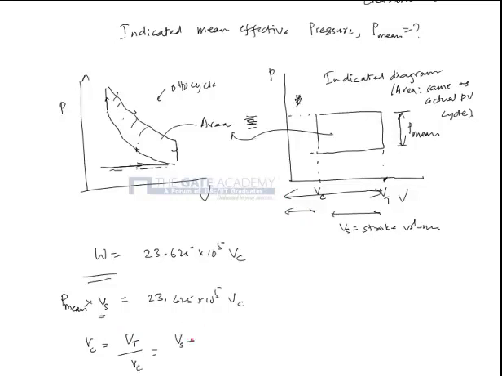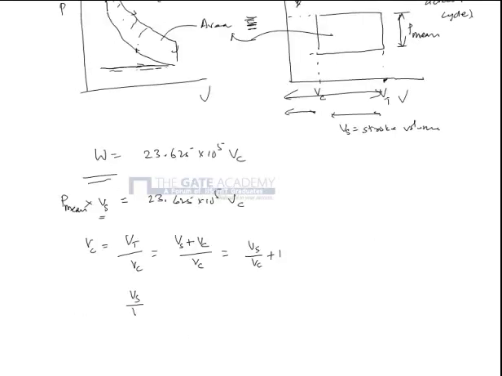Vt I can write as Vs plus Vc, so it is Vs by Vc plus 1. So Vs by Vc will be gamma C minus 1, which is 5.5 minus 1, which is 4.5.